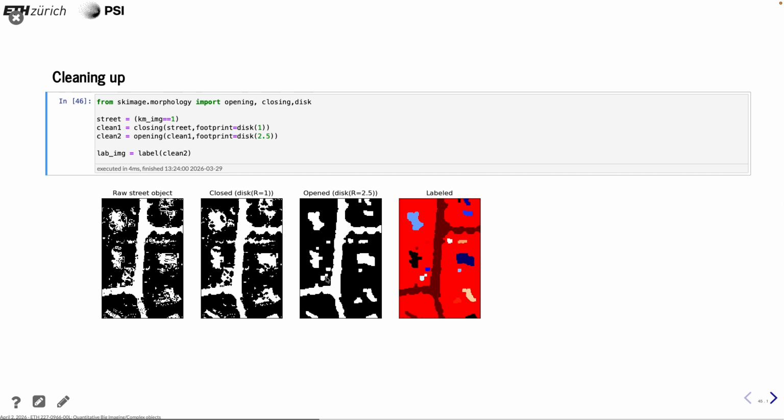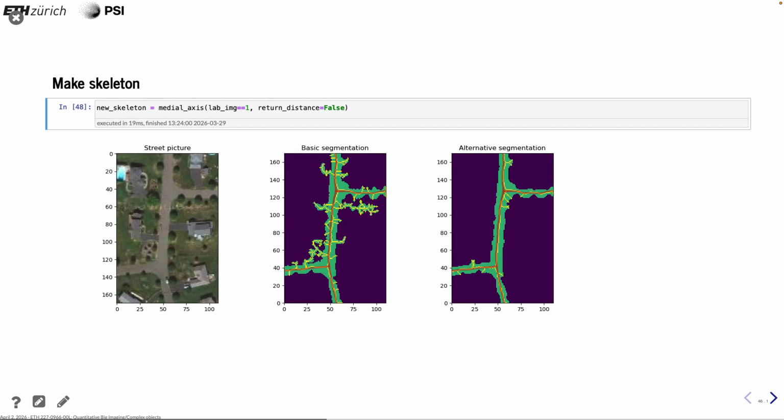And that brings us certainly to the conclusion that you should think twice in how you do the segmentation. Here we can see now from the basic segmentation we got that with a lot of clutter, and only using this k-means based on the color space, we get a much cleaner street. We could, of course, continue doing all the pruning that we did before, if we would like to.